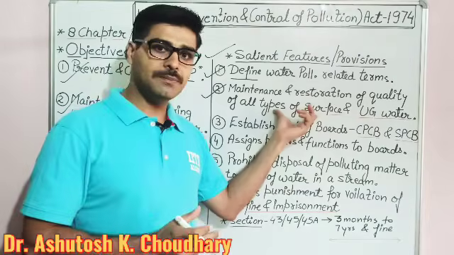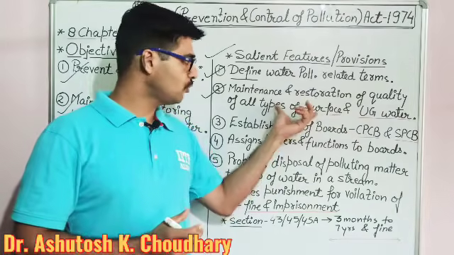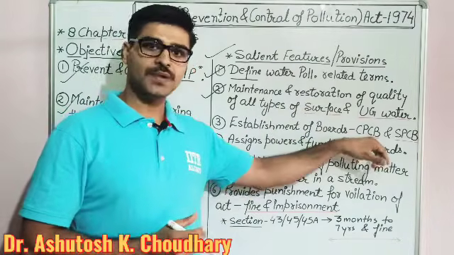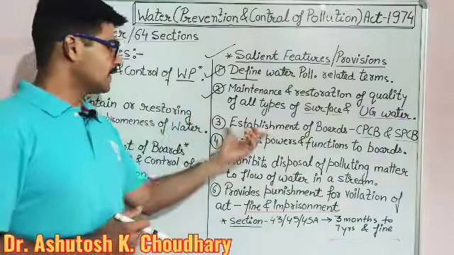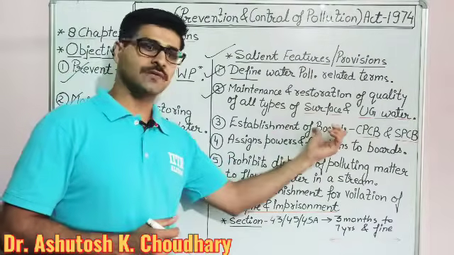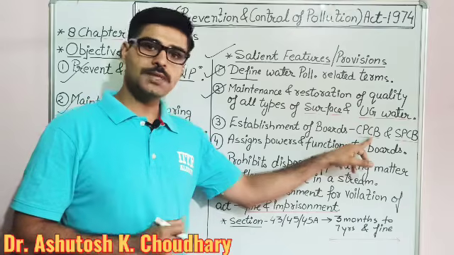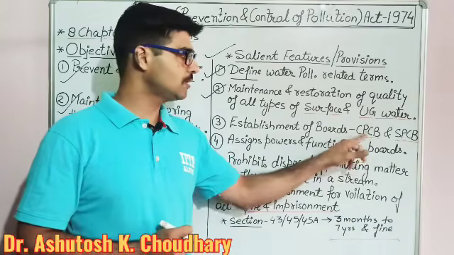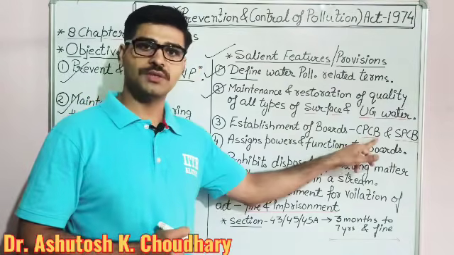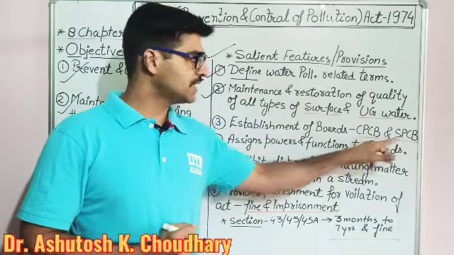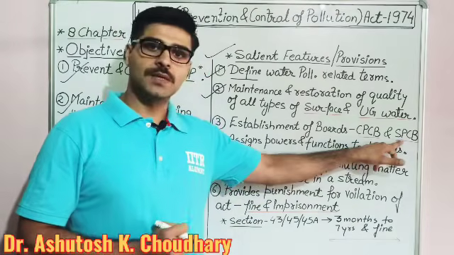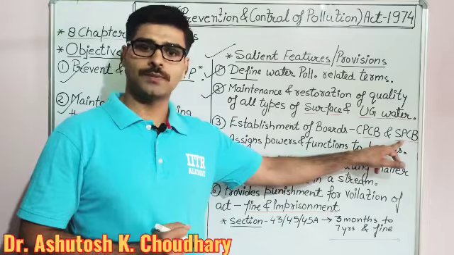हु विल इंप्लीमेंट. So for this, two bodies are there. I have mentioned here establishment of boards. First is CPCB. CPCB means Central Pollution Control Board, that is in New Delhi. And second is SPCB, State Pollution Control Board.